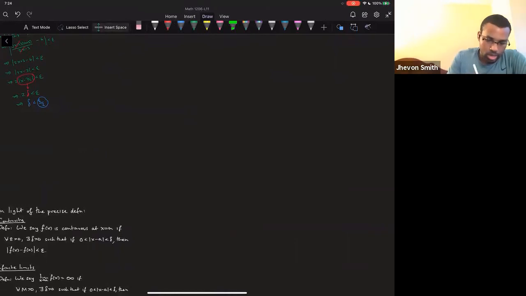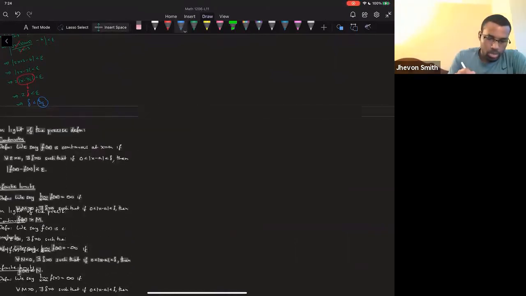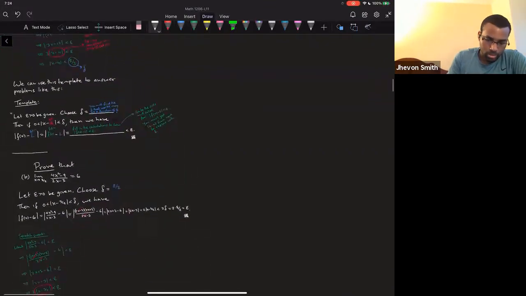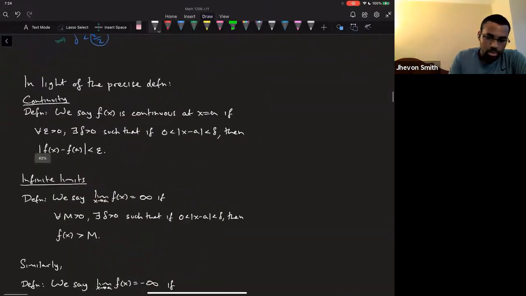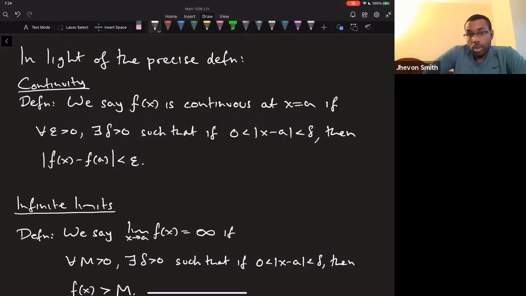Because based on this new definition of what a limit is, it turns out we can redefine some of the other definitions that we had. So the definition for continuity can be restated in this way if you wanted to prove continuity in general.